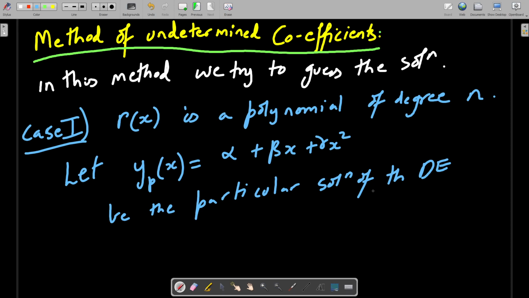Why subscript p? It's called the particular integral or particular solution. In short form, we call it PI.